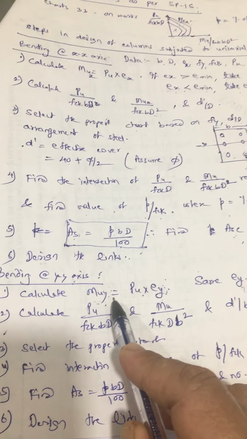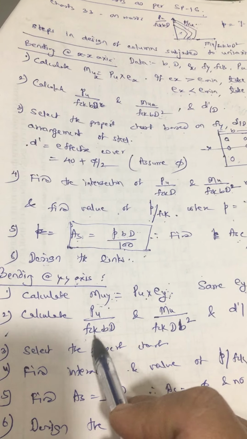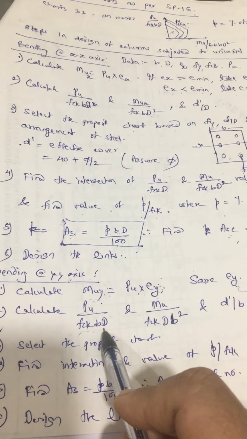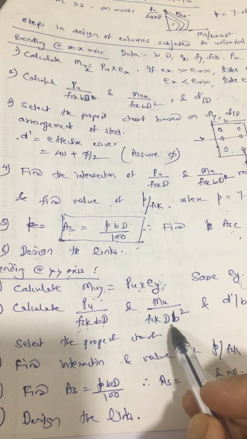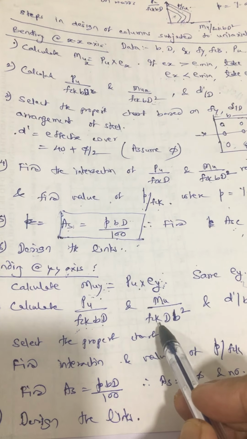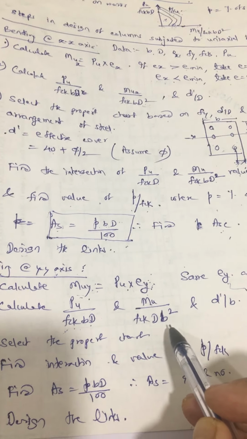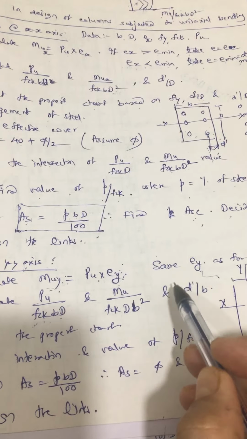Knowing this bending moment about Y axis, now you have to calculate the value PU, direct stress, that is PU upon FCK BD. And now here there is a change because of the bending about Y axis. This is Mu upon FCK dB square and not BD square. Same thing here, the value changes.